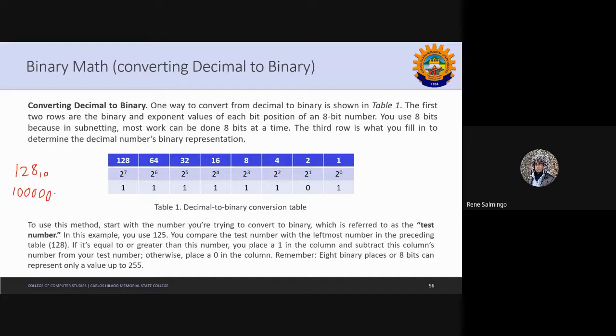If you are a beginner learning about this, you need to put the place values: 1, 2, 4, 8, 16, 32, 64, 128. So this is your 128 in binary, and this is 128 in decimal.